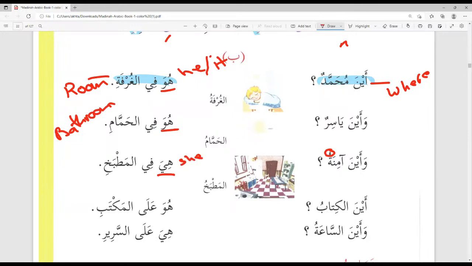So هو is masculine, he or it, and هي is feminine, she, or it if the object is feminine. So هو is for a man, هي is for a woman.